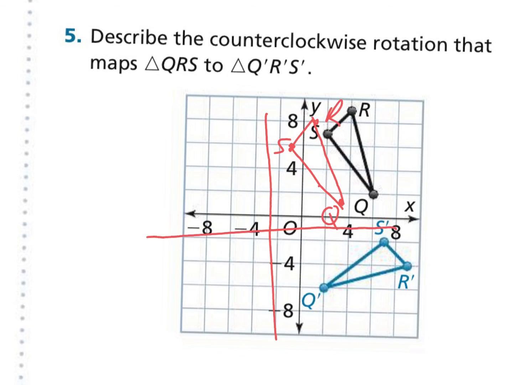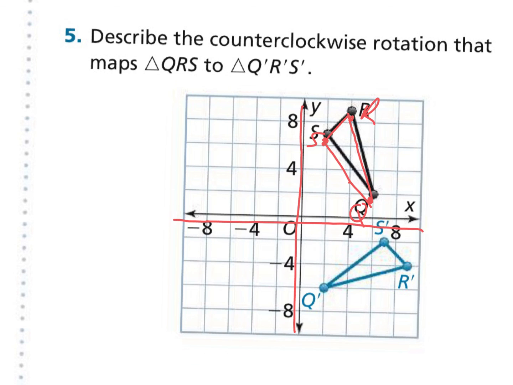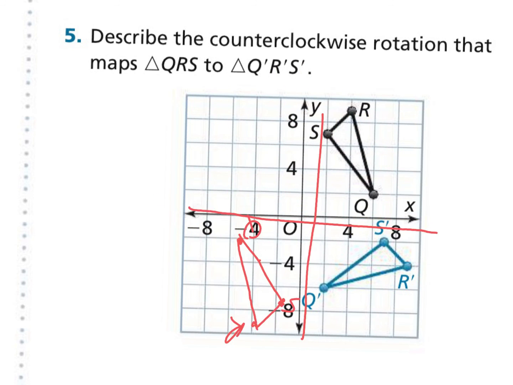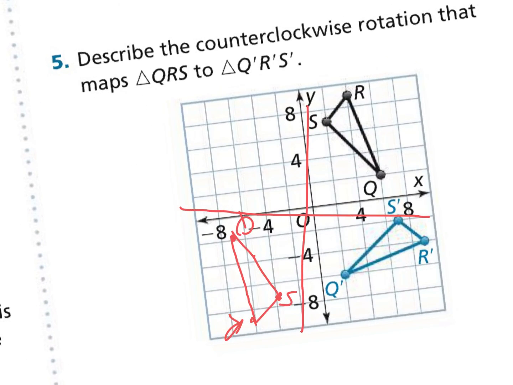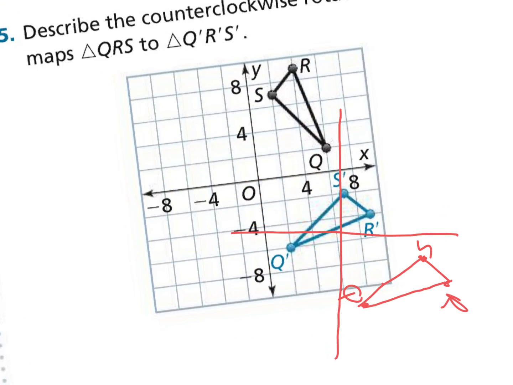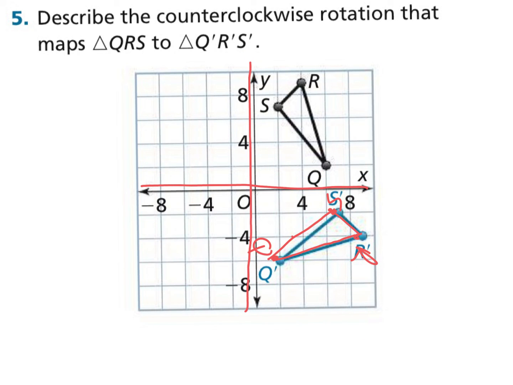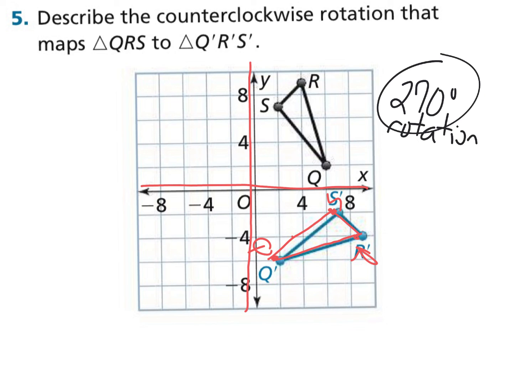And then we're rotating counterclockwise, so it's 90, 180, and 270 would be. Okay, so this would be a 270 degree counterclockwise rotation, which it's assumed that it's counterclockwise unless we say otherwise.